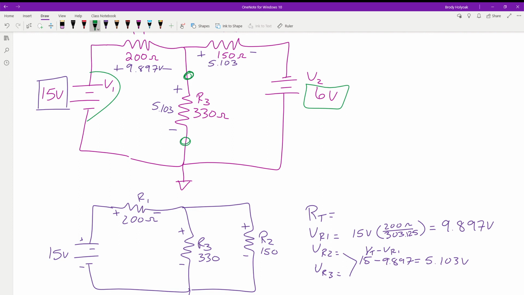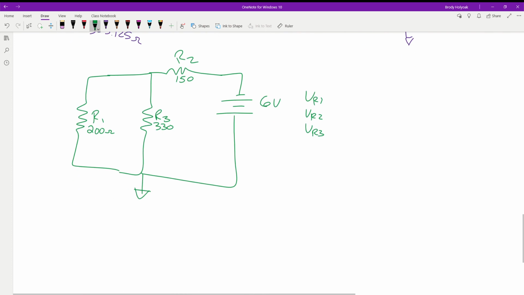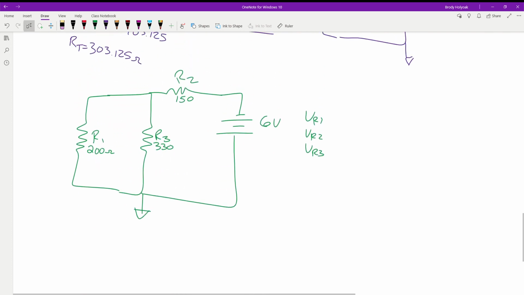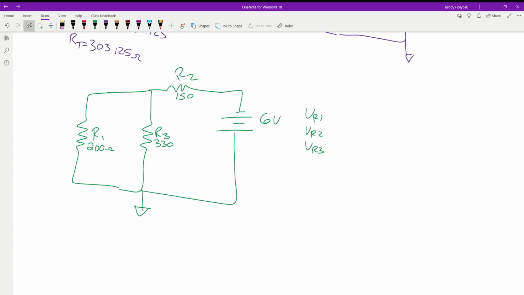We want to find out what the voltage and the current across this guy is. So what's the polarity of our voltages in this setup? Negative, positive. Negative, positive.